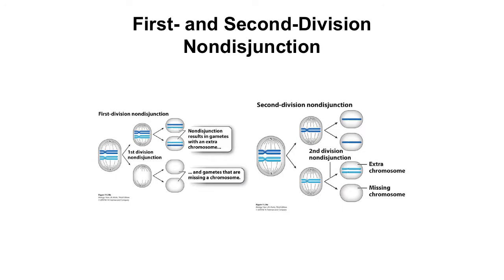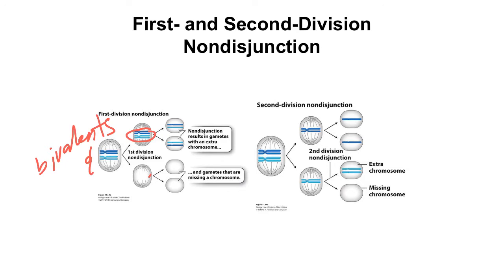Now, in the first division, what happens is that the bivalents, which are shown here in meiosis 1, and remember bivalents are paired homologous chromosomes, fail to separate from each other during anaphase, so that the bivalent chromosomes co-segregate together on one end, leaving the other cell without the homologous pair.